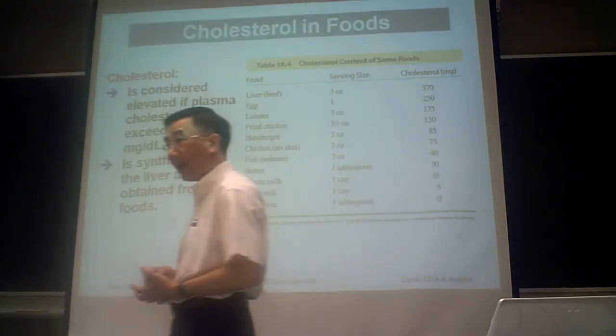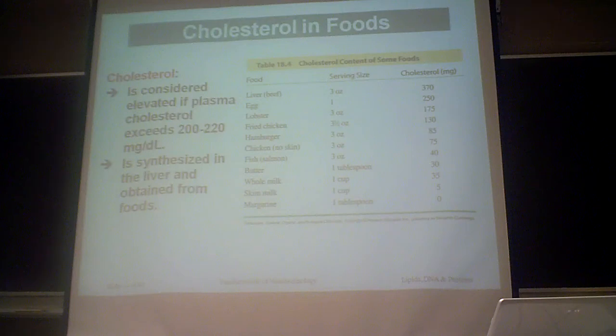Okay, so where is cholesterol found, right? We find it in, like, liver. I remember way back, if you live in Asia, the Chinese eat liver, pork liver. Liver is a very important source of protein, right? But it's also very, very high in cholesterol.